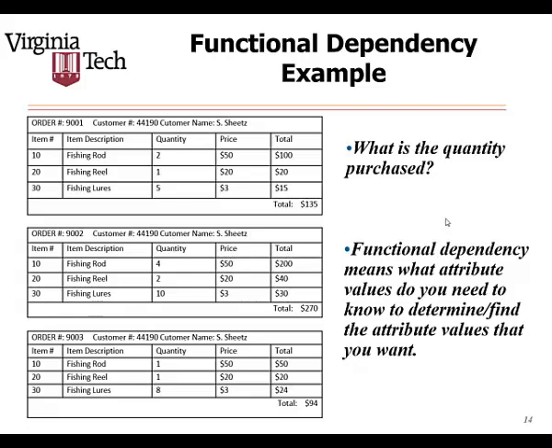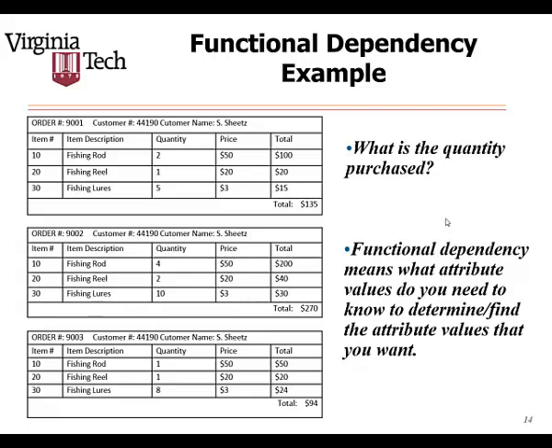So here's my example for this, and remember, we're thinking about functional dependency, and the idea is that we want to know what attributes functionally determine the quantity purchased. Right?